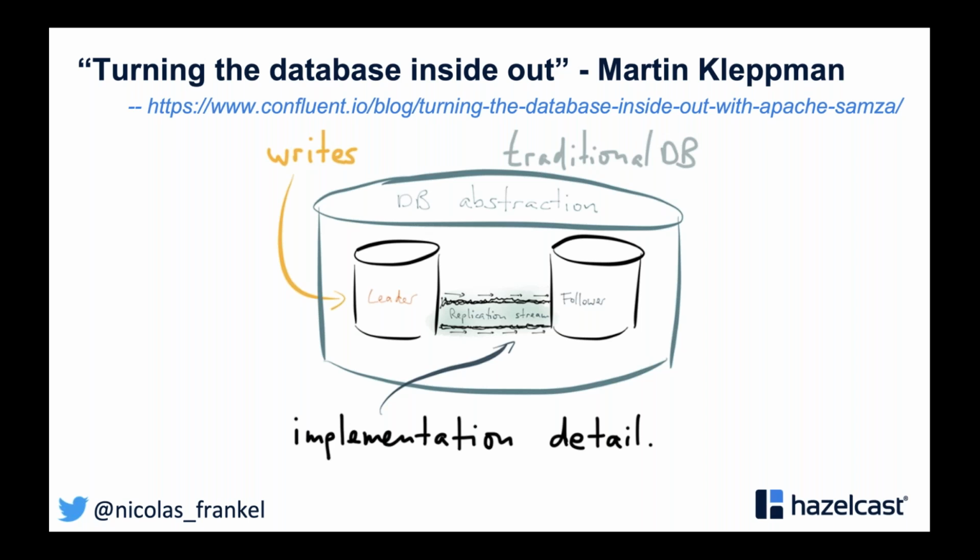So you might know about this famous article from Martin Kleppmann, turning the database inside out. And in that article, he uses this concept of a DB abstraction. When you, as a user, execute a query, you make a select or an update or whatever, you don't care about the architecture inside it.